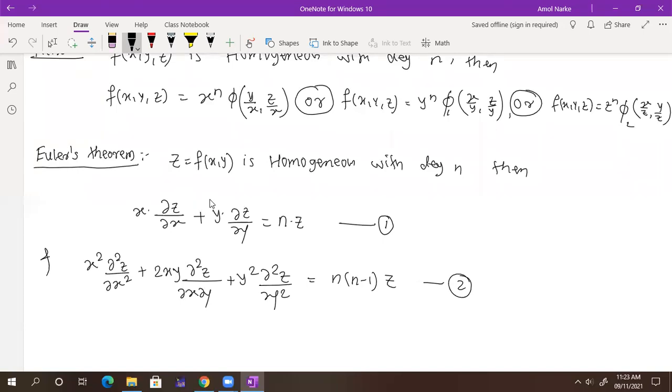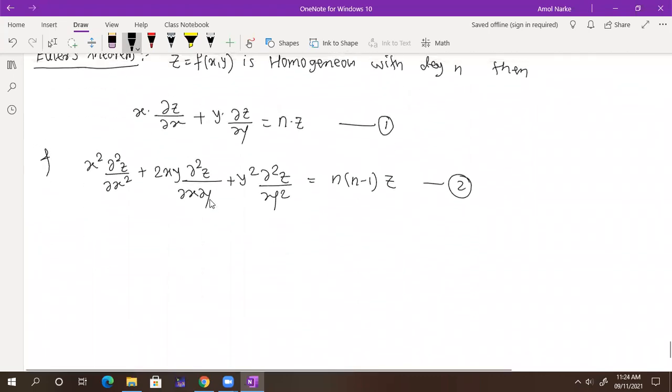So x square into ∂²z/∂x² plus 2xy into ∂²z/∂x∂y plus y square into ∂²z/∂y². The value of this function becomes n into n minus 1 into z.